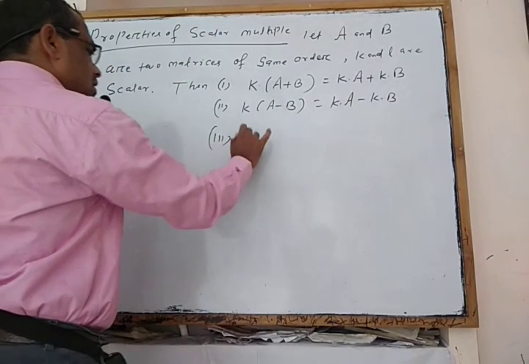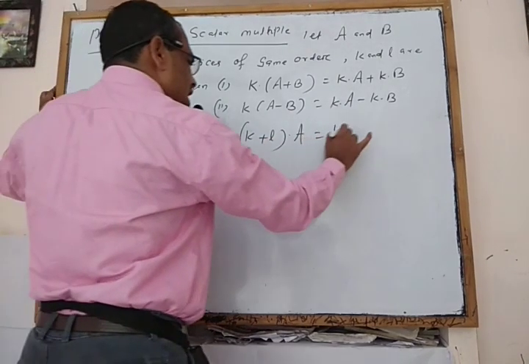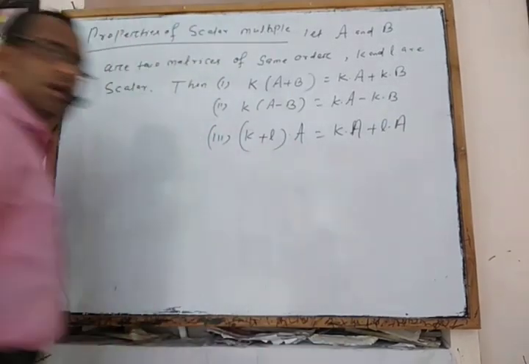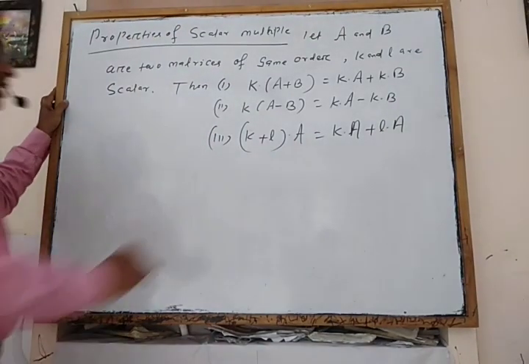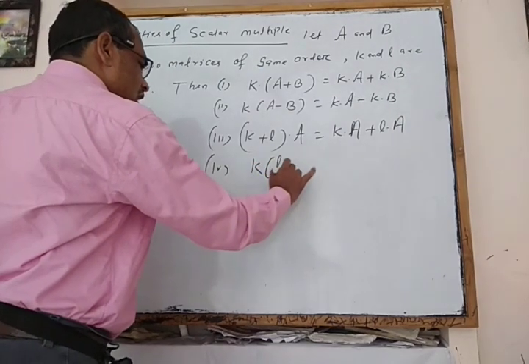Number 3, (K plus L) into A is equal to K into A plus L into A. Next, K into (L into A).